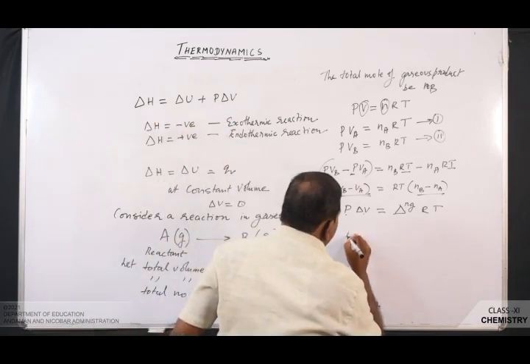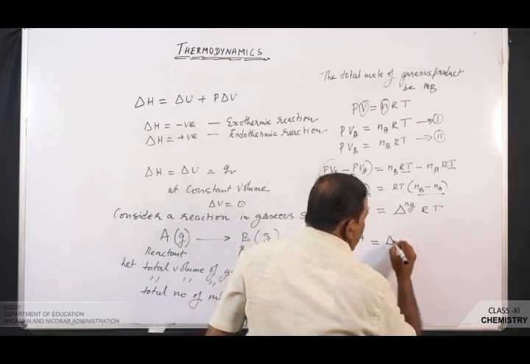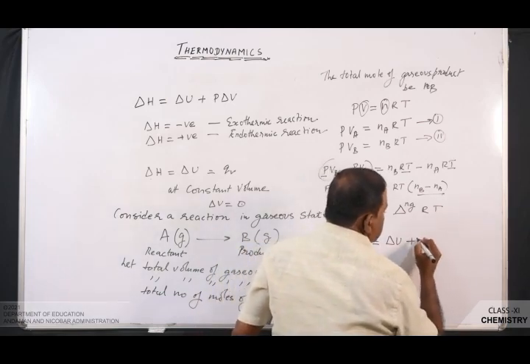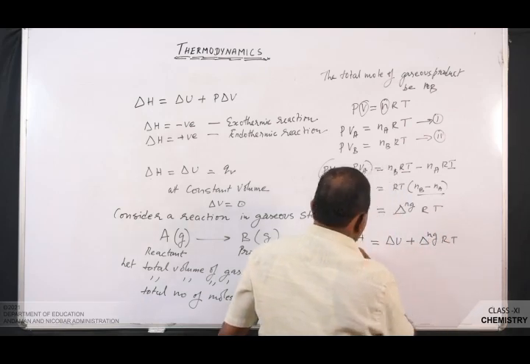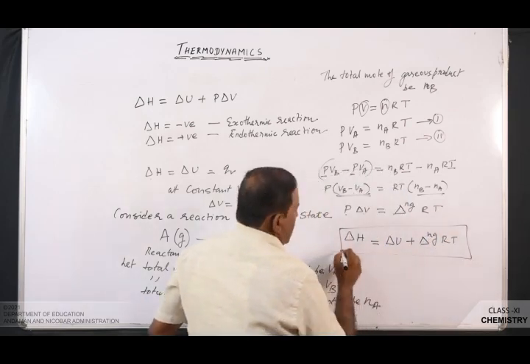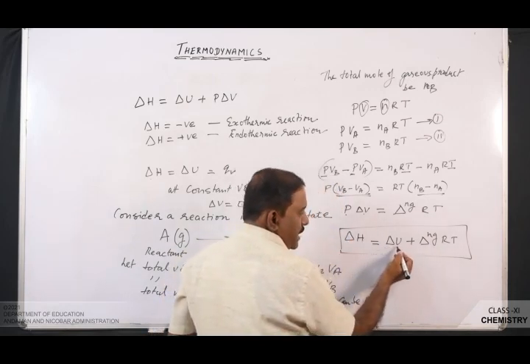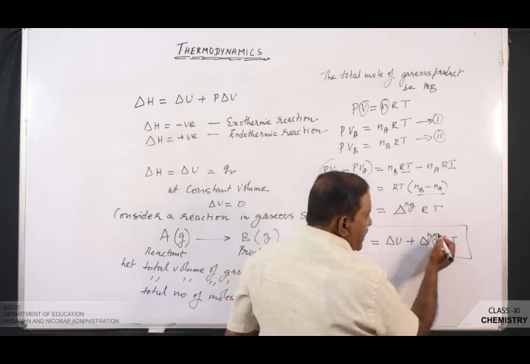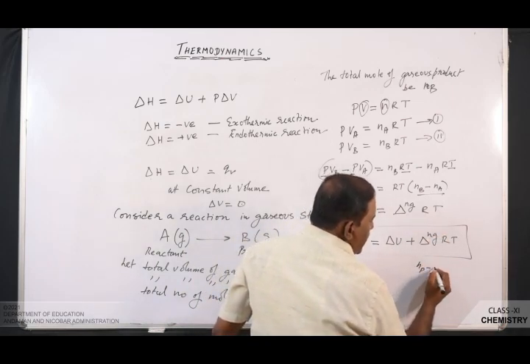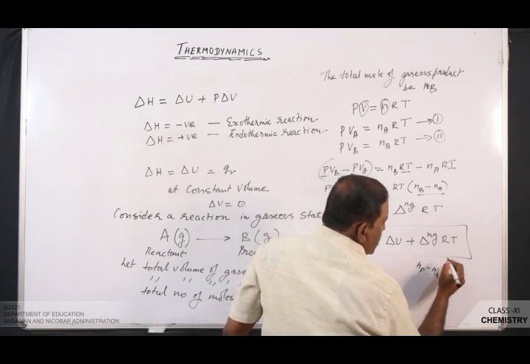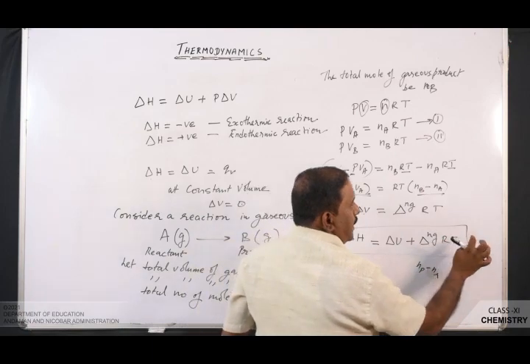So our equation will be delta H is equal to delta U plus delta Ng RT. That is, change in enthalpy is equal to change in internal energy plus delta Ng, that is Np minus Nr, into R into T.